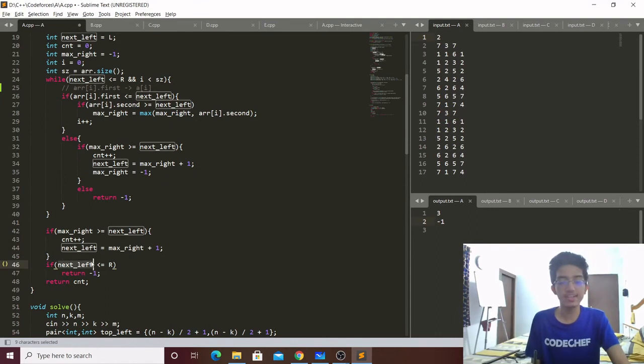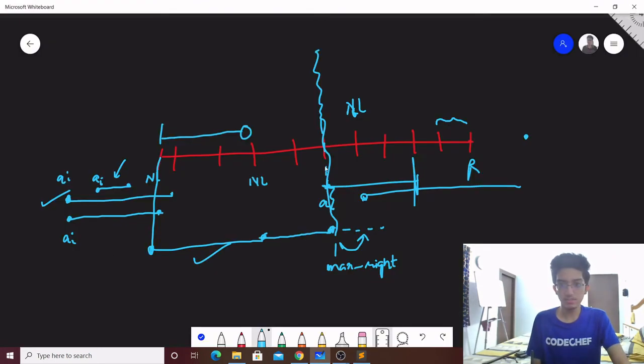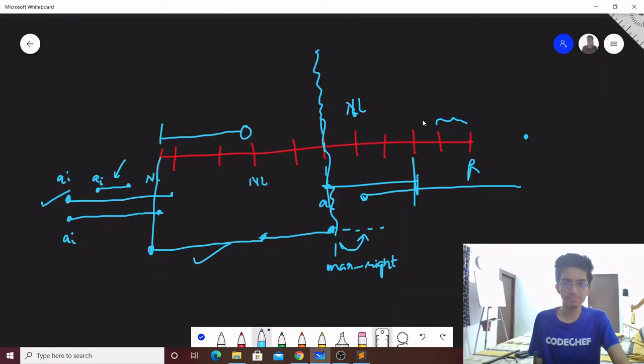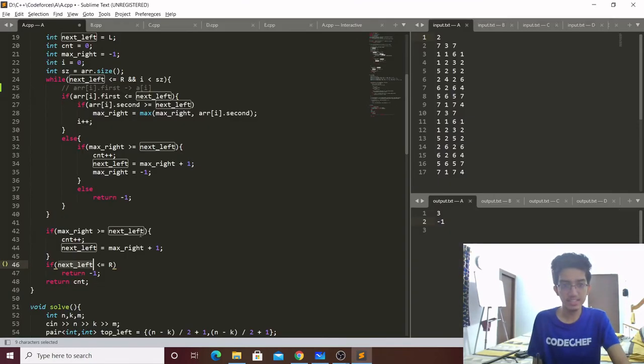Now, remember what is next left? It basically means that we have covered everything till before next left, and we want to start covering from next left onwards. So if our next left is less than or equal to r, that is, we were not able to cover some regions, in this case, we output -1.